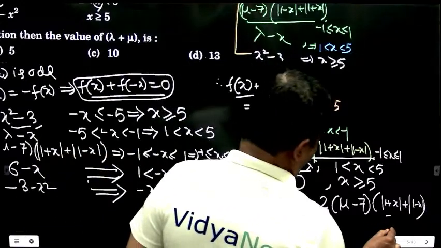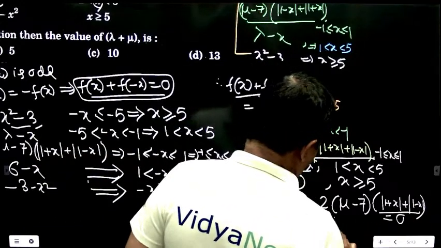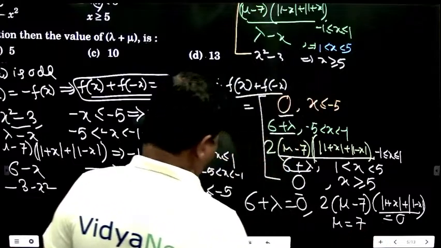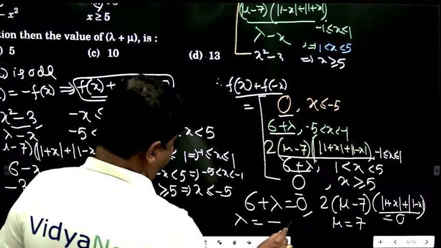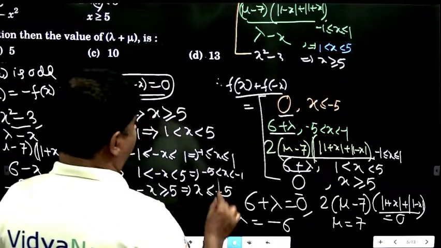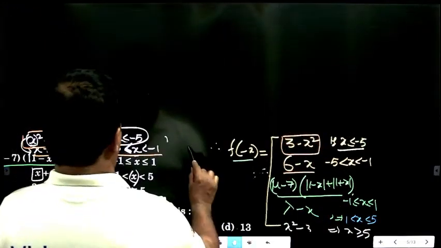So if I ignore it, mu is 7, lambda minus 6. Now you observe the question.